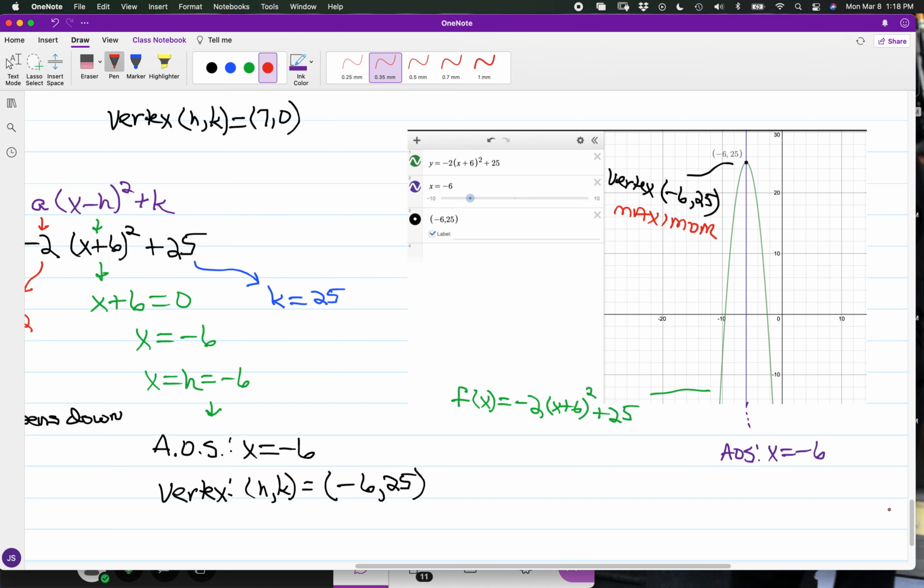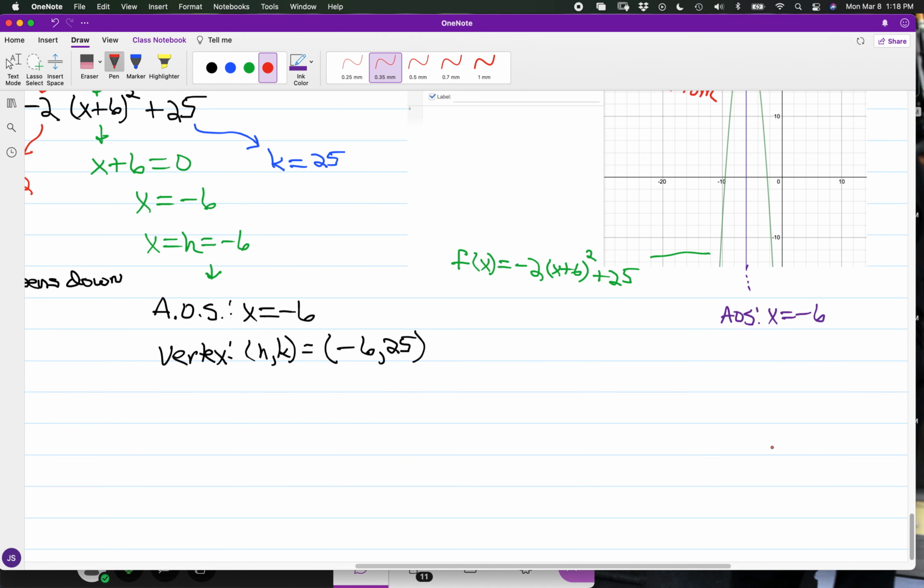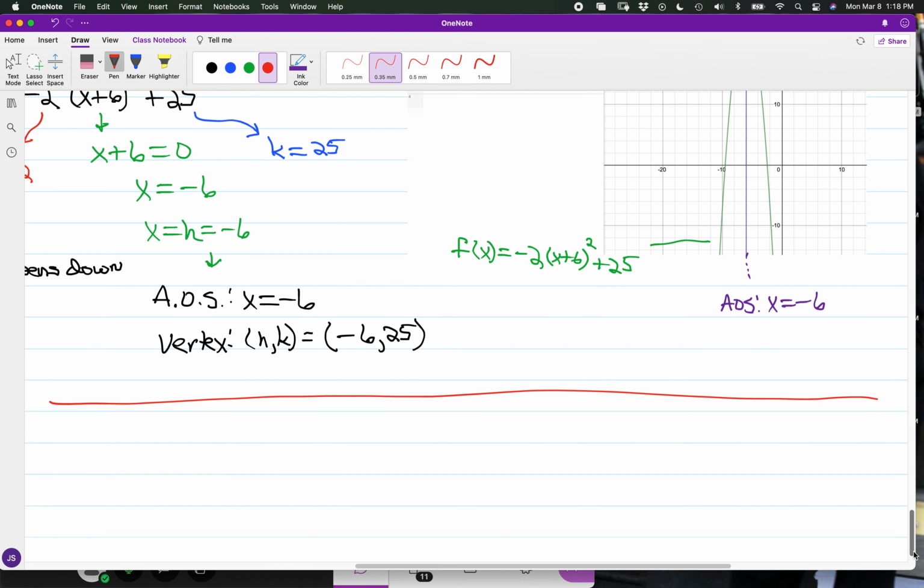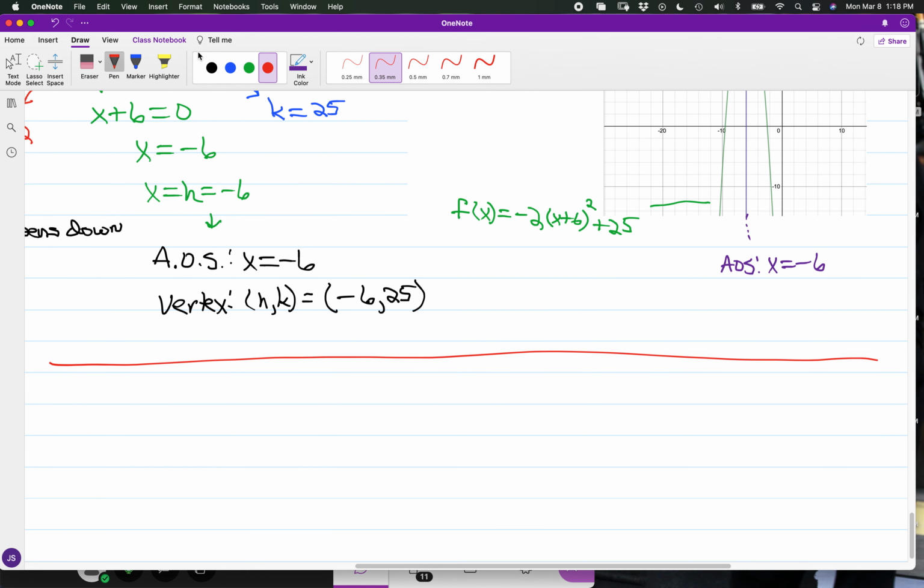Okay, if I were to add to the features, let's say just adding some building blocks to the graph to further define a quadratic function.